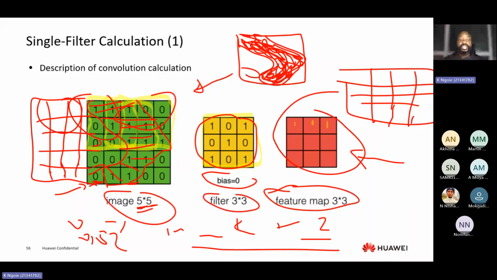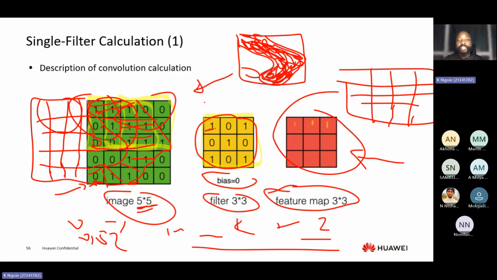Basically, for the first one here, this will go here. And if it goes there, we're going to have 1 times 1, times 0, times 1, times 0, times 1, times 0, times 1.